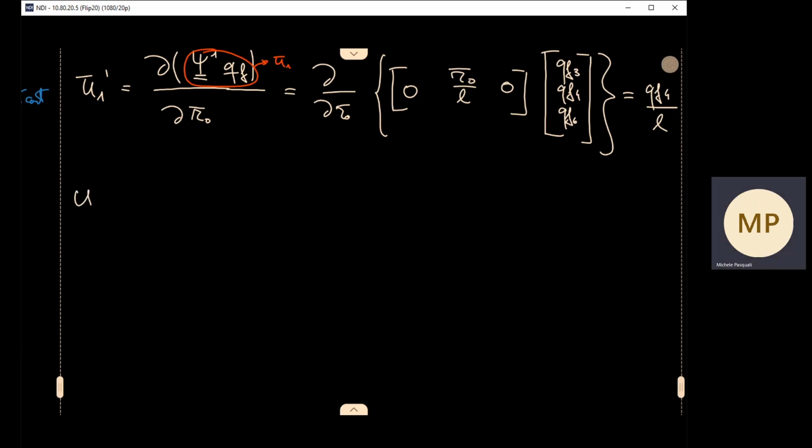So let's get now U2 over bar derived 2 times. Well, that's actually the same thing, not really different. So Psi 2 divided over QF.